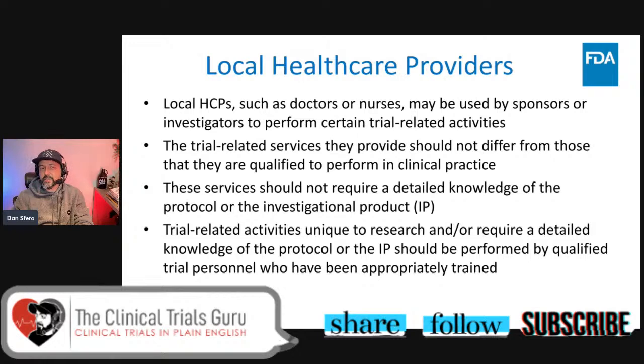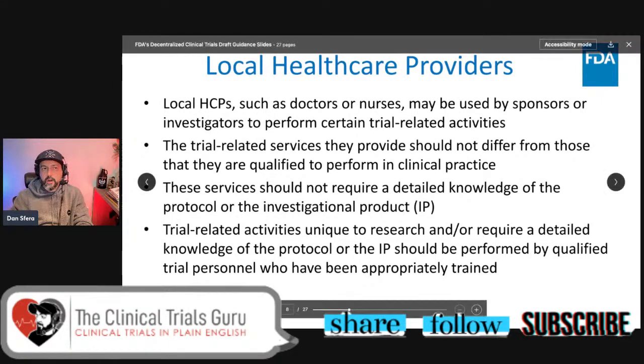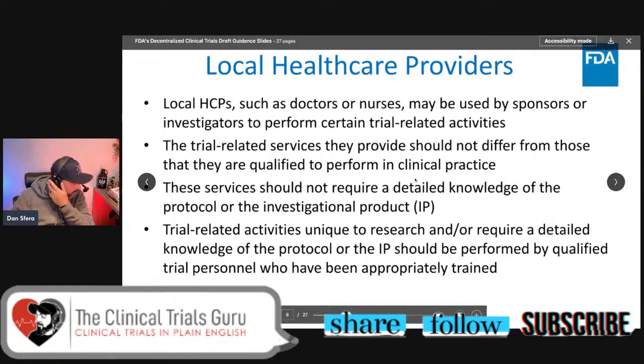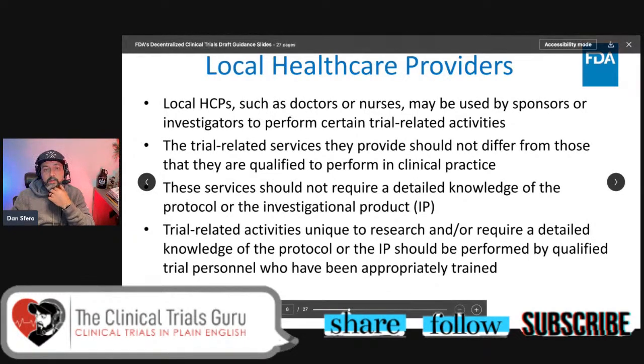I guess the convenience is now for the local healthcare provider that they don't have to come to another location, but they might have to go to the patient's home, or the patients might have to go to their clinic. And if they're going to go to their clinic, why not they just come to our clinic? So yeah, it's unclear the value of this, but I guess I can see it in a lot of cases.